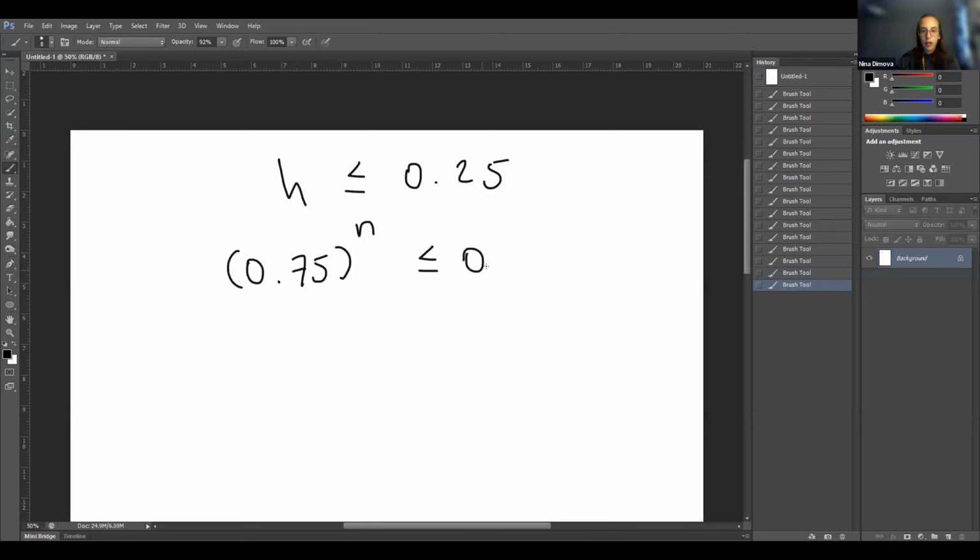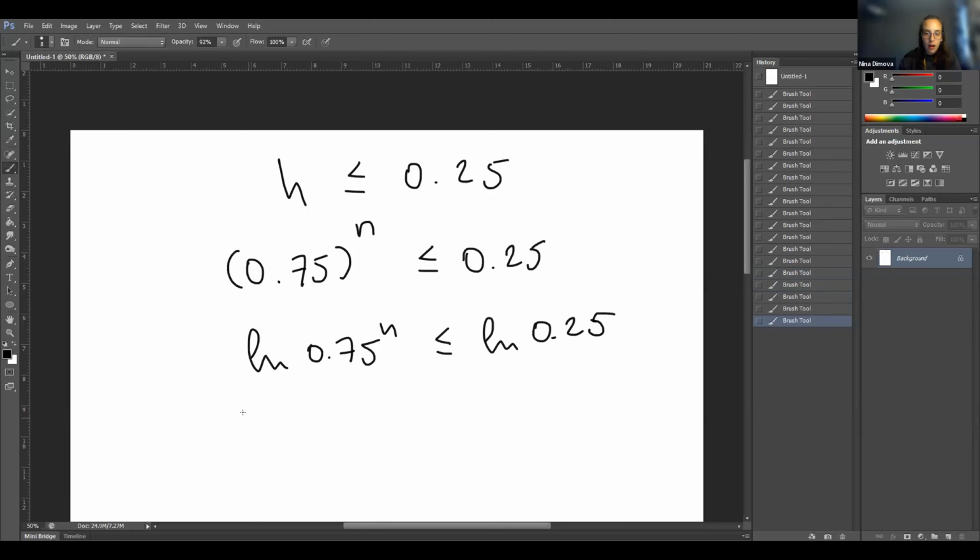So this should be less than or equal to 0.25. So you take log on both sides. This is fine. You can take the power out of the log.